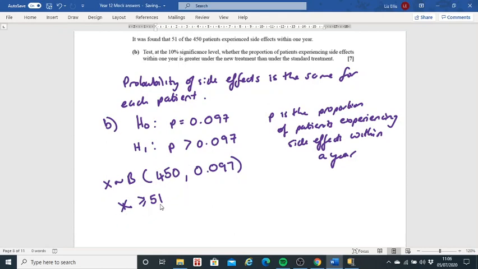We now need to find this. Well, our calculator doesn't work in greater than, it works in less than. So we're going to do 1 minus the probability of X being less than or equal to 50, because that's the opposite. If you put that into your calculator, and remember you do that using your binomial CD button, and we use variable, you should have got 0.862.